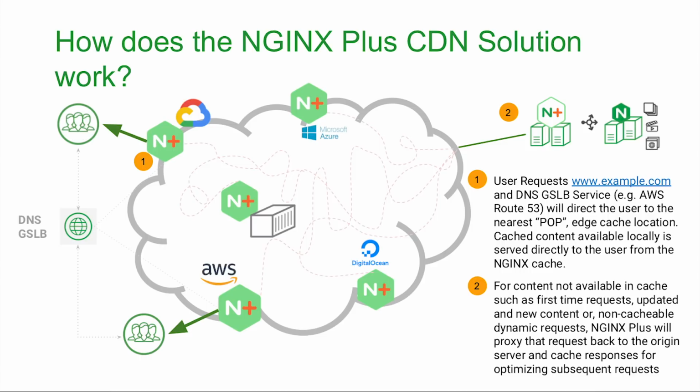AWS, for example, has Route 53, where you can configure some heuristics and rules to say, if a user is making a request from a particular geography, then send that request to the closest NGINX instance up on their cloud or anywhere.